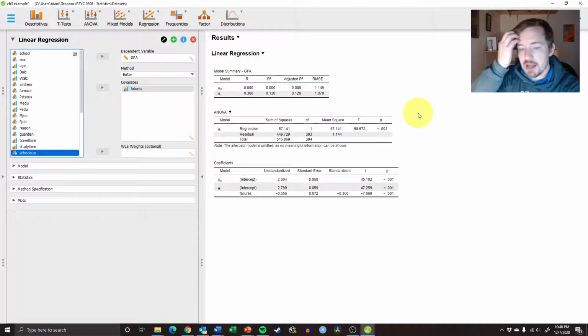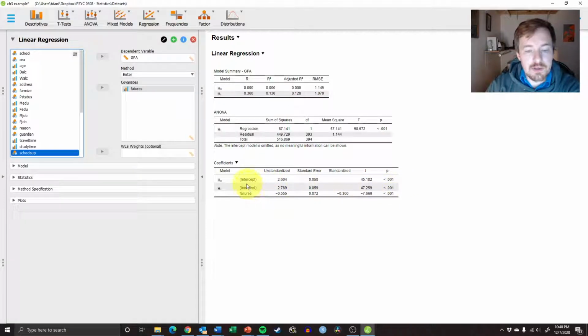Now if I want to, I can come over and I can look at the coefficients section. Now the coefficients section is where I want to go to really kind of understand the equation, like the line of best fit. You can find that here. And where you find it here is ultimately going to be where it says H1. So this is our alternative hypothesis.